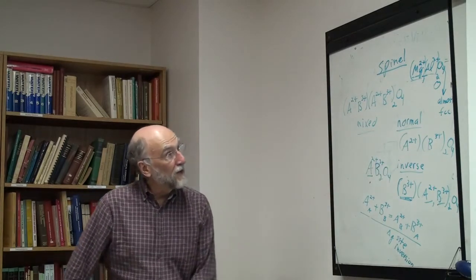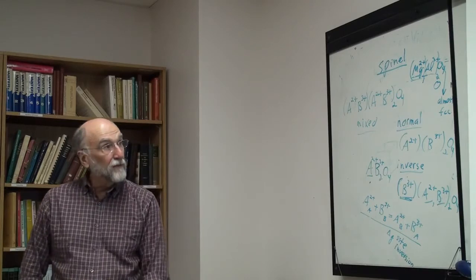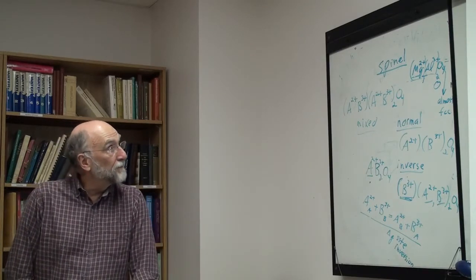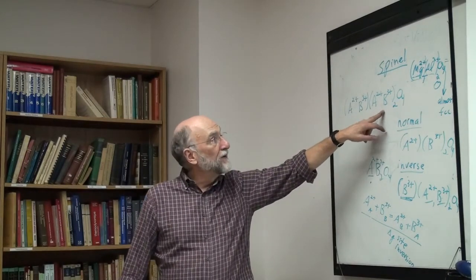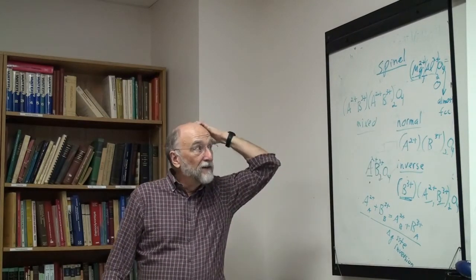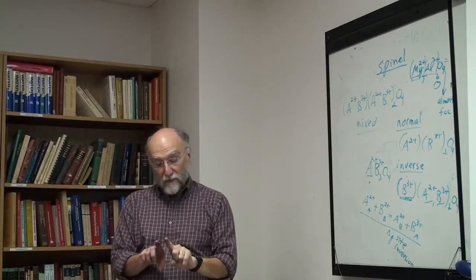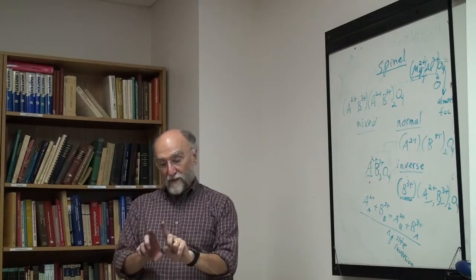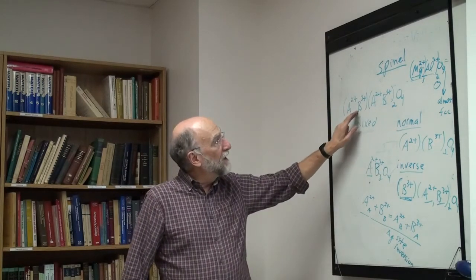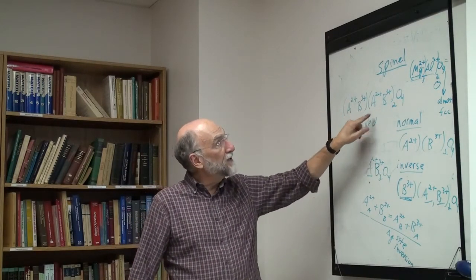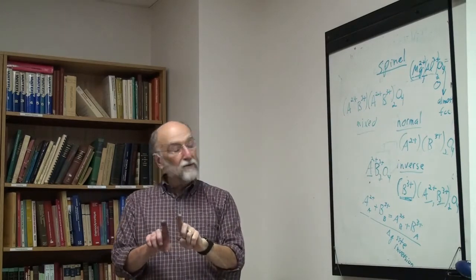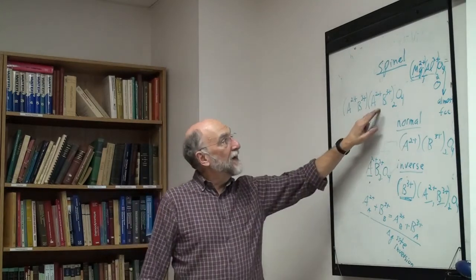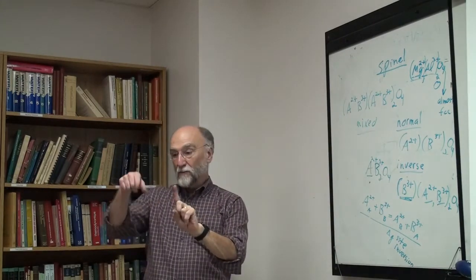The properties of spinels, the magnetic and electronic properties, can be greatly influenced by what the A's or B's are. If any of these are iron, for example, then like in iron metal, you have a ferromagnetic material. When the irons are next to each other, they tend to line up and form ferromagnetic material. Depending on the relative concentrations of iron ions in these sites, you can have a ferromagnetic material in which they tend to line up, or an anti-ferromagnetic material in which they tend to oppose each other.